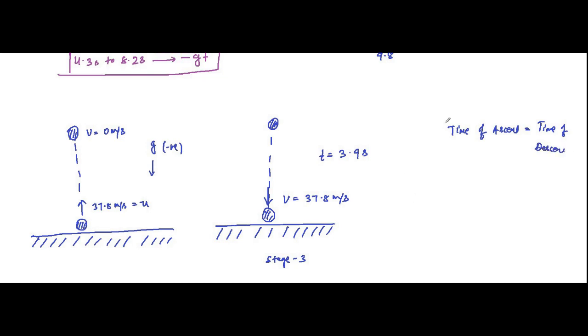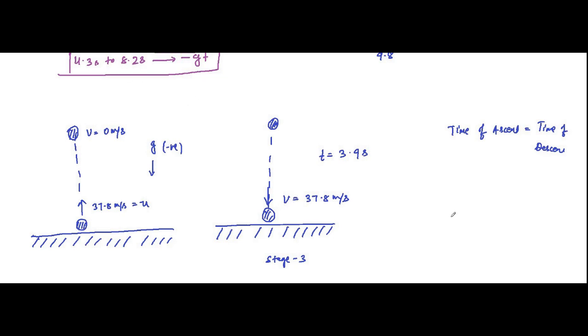This is one property. And the velocity at all identical positions for a freely falling body under the influence of gravity is the same. So the velocity just before striking the ground is 37.8 meters per second, and it takes another 3.9 seconds to achieve that.